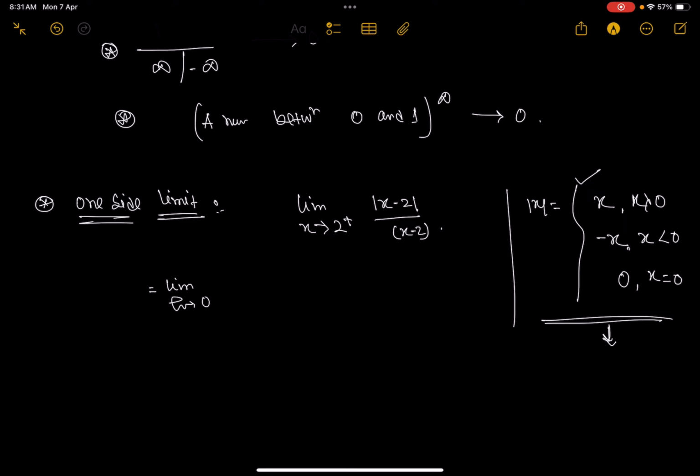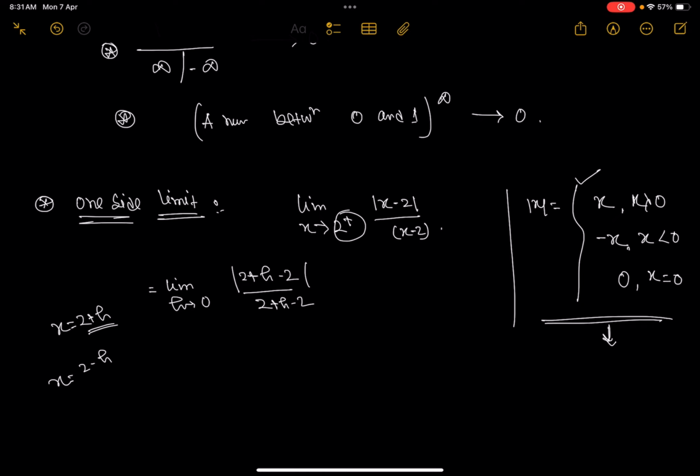Limit h tends to 0, with x tends to 2 plus, so x is 2 plus h: mod of 2 plus h minus 2 divided by 2 plus h minus 2. Put x equal to 2 plus h, only plus, for this is a right hand limit. If this is a left hand limit, it is 2 minus h.